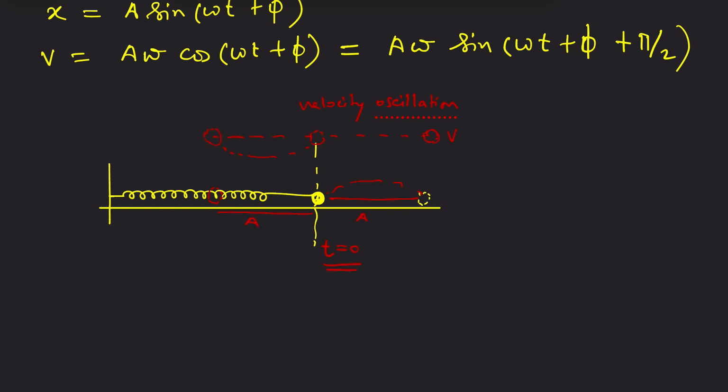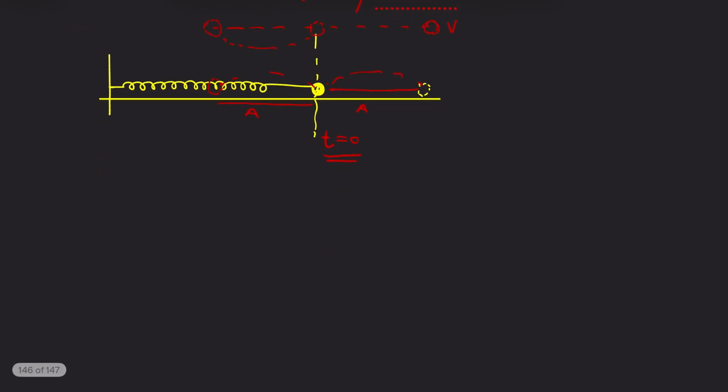And then when you go like this, you can understand that velocity is ahead by pi by 2 in terms of phase. Whatever the position equation is doing, the same thing is done by the velocity, pi by 2 divided by omega time ago.